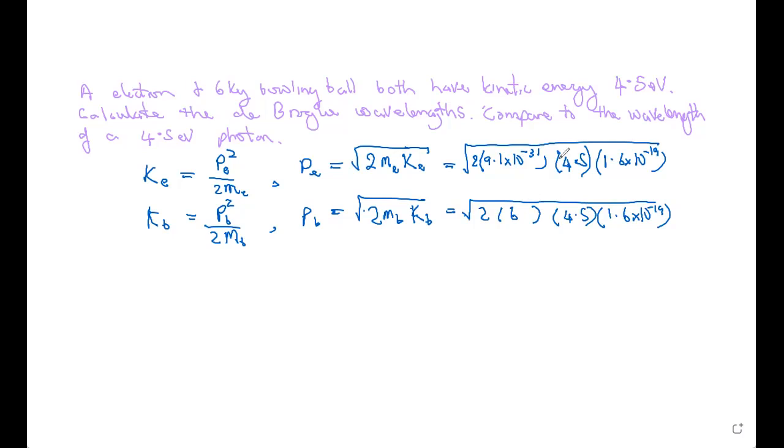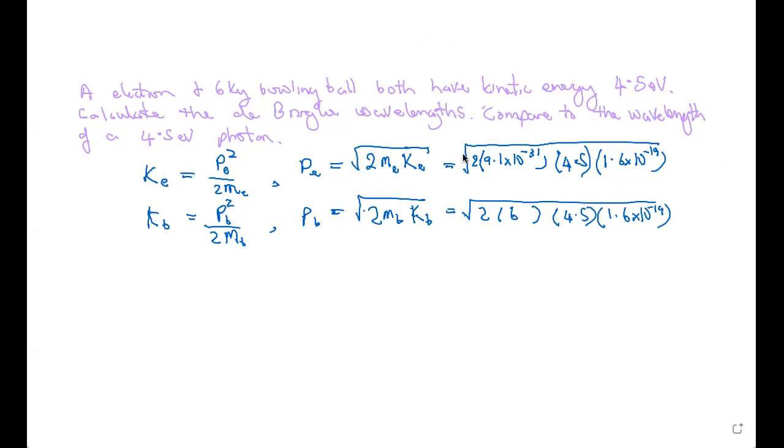And so upstairs here are the numbers for the electron, and here are the numbers downstairs for the bowling ball. Let me explain these numbers a little bit, especially because I didn't put in the units, because I was trying to cram the equations in on this one line.